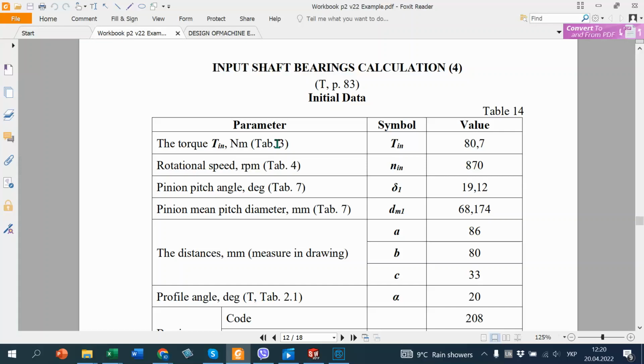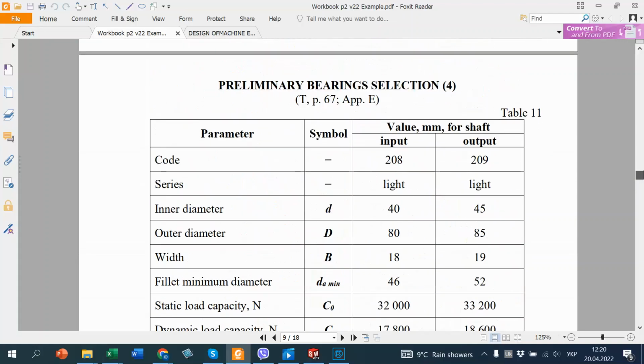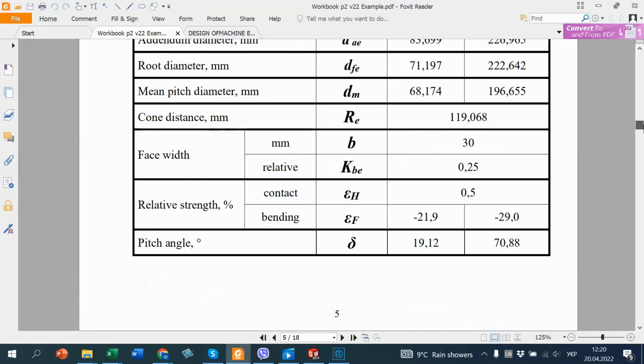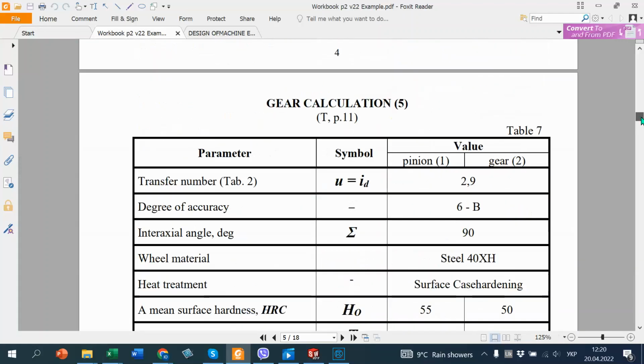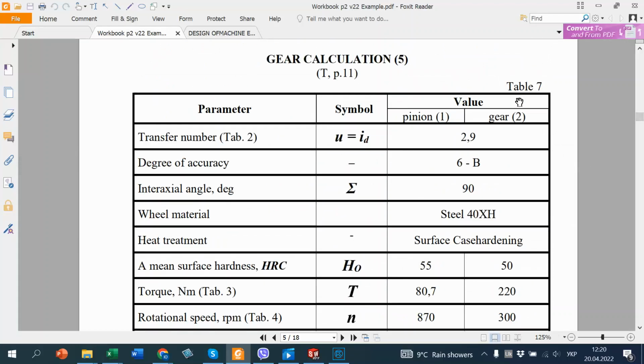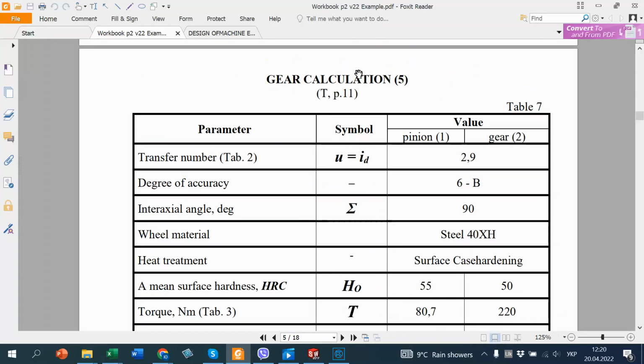Then rotational speed, revolutions per minute, input, table 4, or table 7, you can also use it. Pinion pitch angle from table 7. This is table 7, gear calculation, page 5.